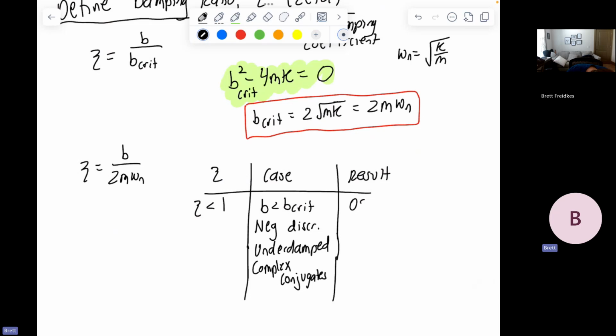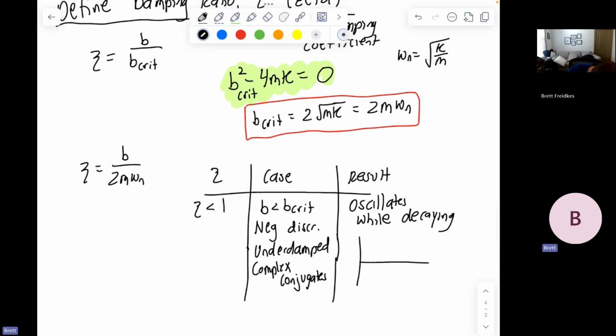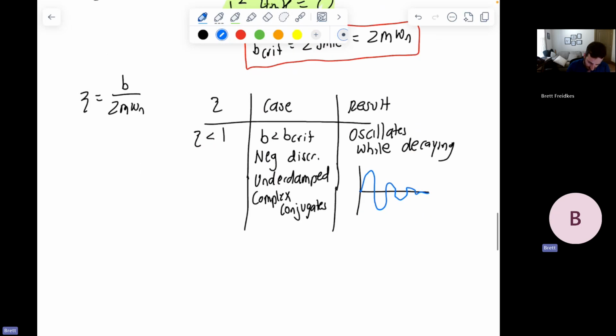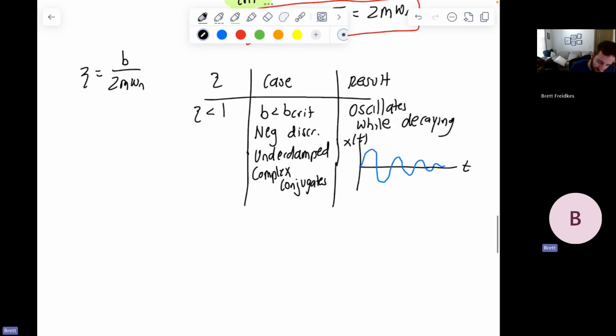So this oscillates while decaying. Okay. Again, that's time. That's x.